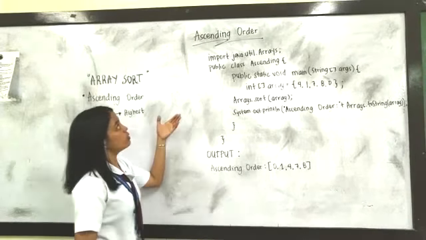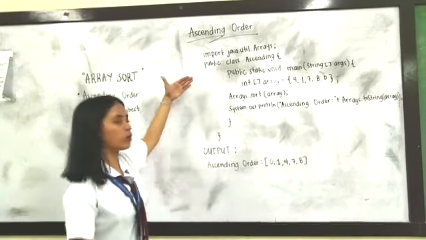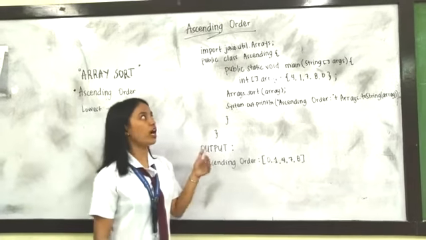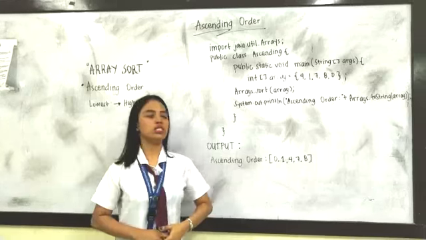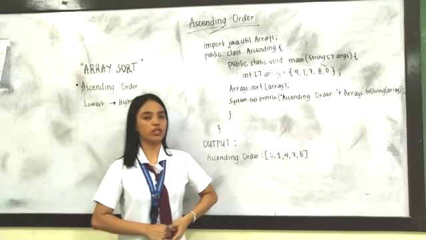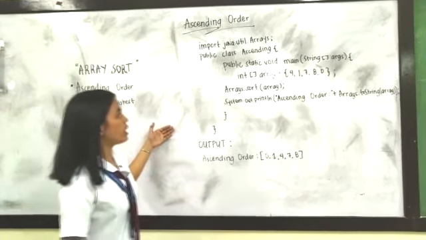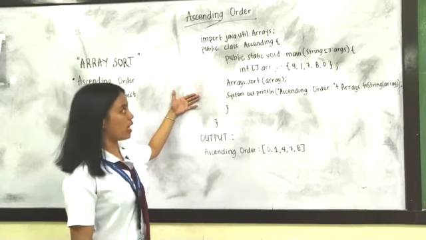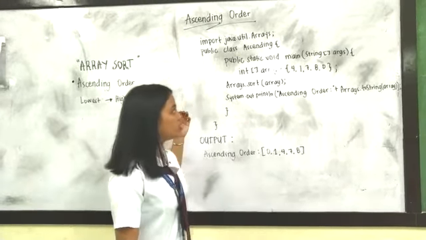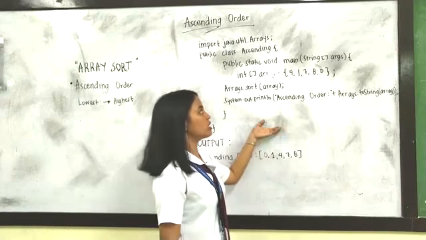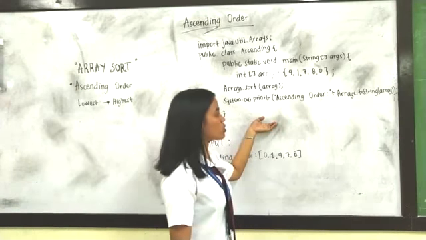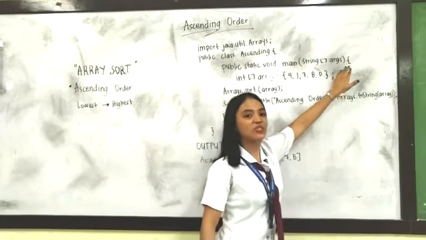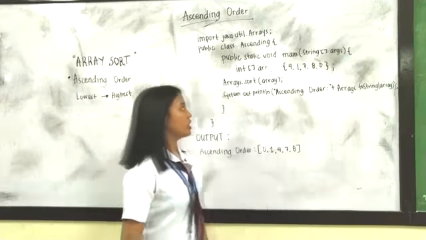So for our example program, this is our example program. Import java.util.Arrays; which is one of the built-in comparators. Next, public class Ascending, open curly braces, public static void main, open parenthesis, String open and close bracket args, and close parenthesis, and end with open curly braces.